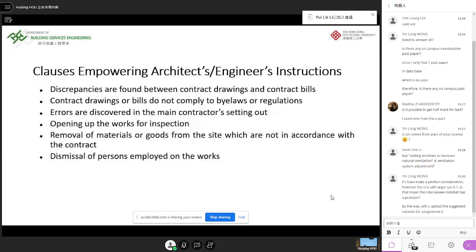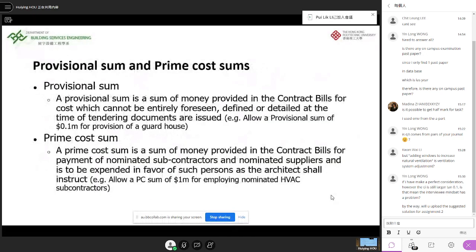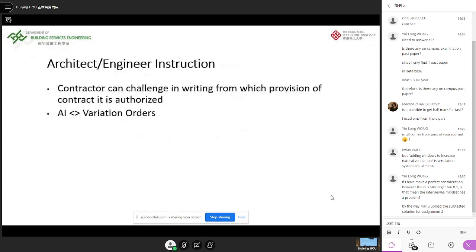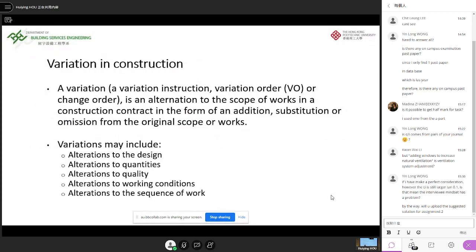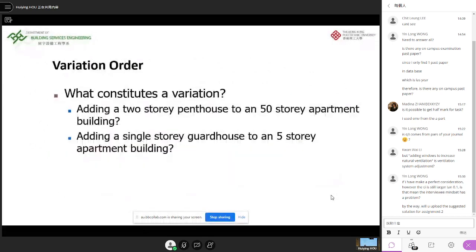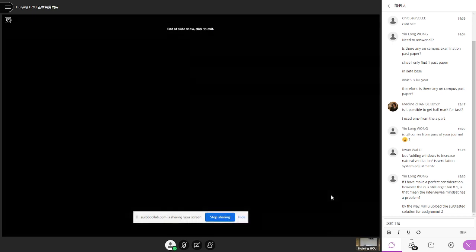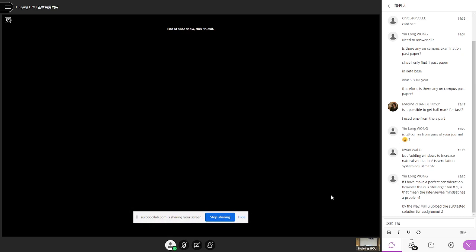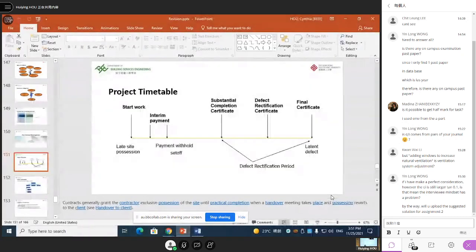Who has the authority of giving delegation? Okay, no need to memorize this, but better to understand. What is variation? What is a variation order? Okay, so that's it.